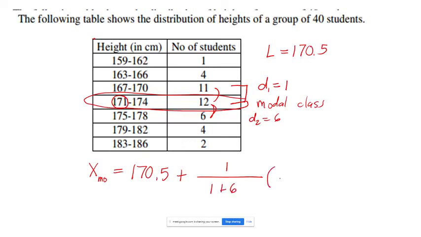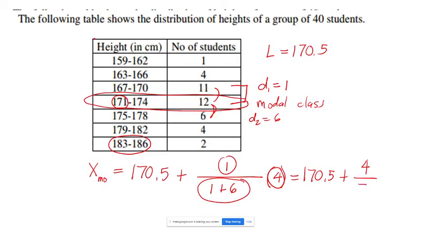The class size is 4. Okay, let's use your calculators now. You can multiply it: 170.5 plus 4 divided by 7. Or you divide 4 and 7, then add the result to 170.5.